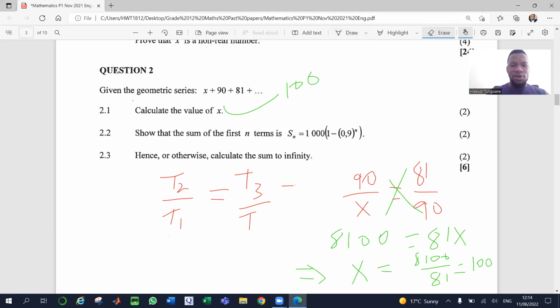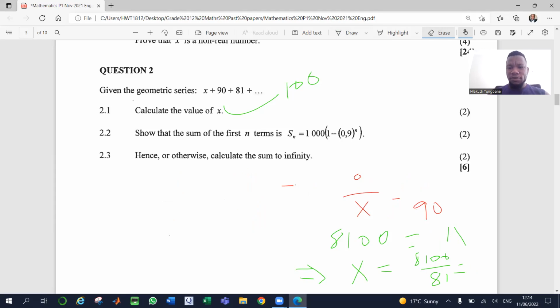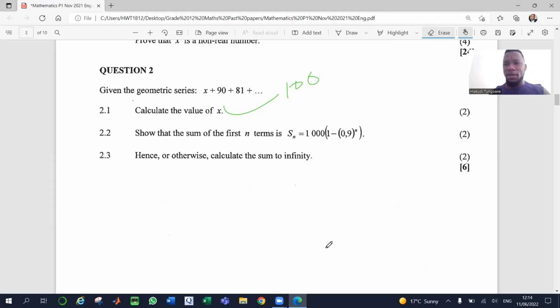So let's look at the second question. The second question was saying, show that the sum of n terms for this geometric series can be written in that format, right? The first step is to remember the geometric series Sn formula that we've learned. Remember I said there are 2 formulas, but in this case I'll use the one that I shared with you.